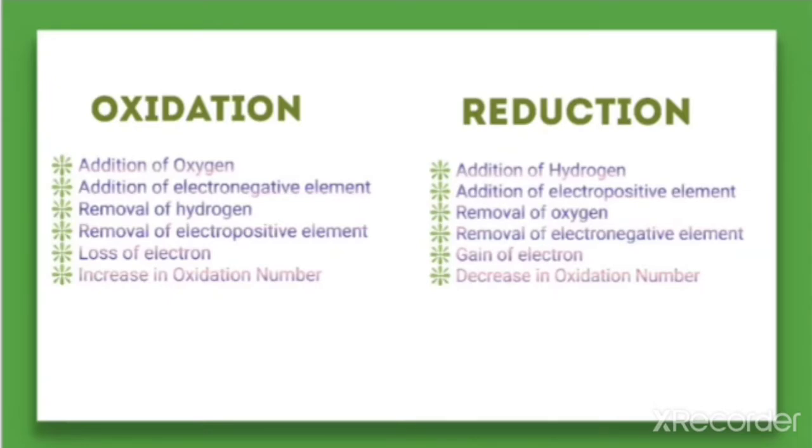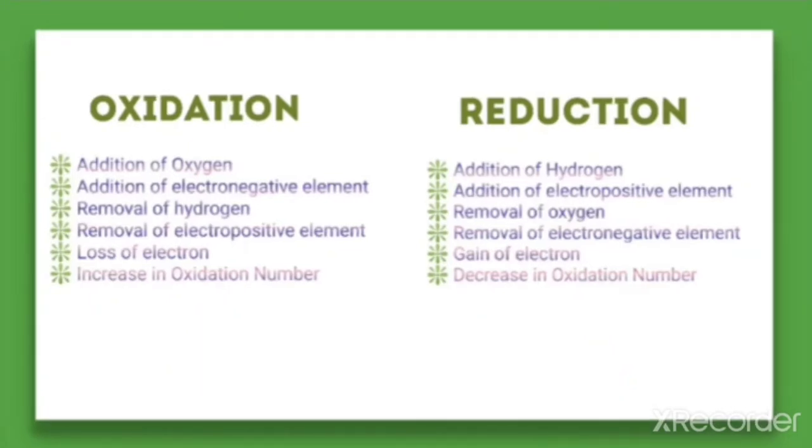We have already defined oxidation number and the method to find the oxidation number in the previous video. So in terms of oxidation number, we can define oxidation as an increase in the oxidation number, and if there is a decrease in the oxidation number, that is called reduction.